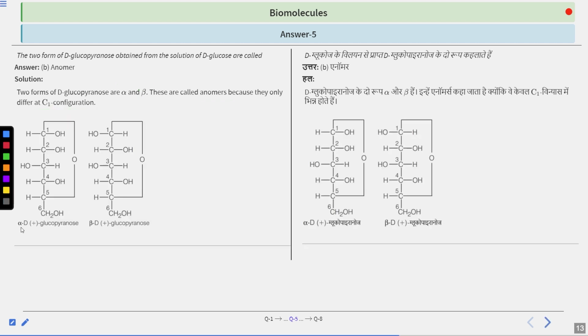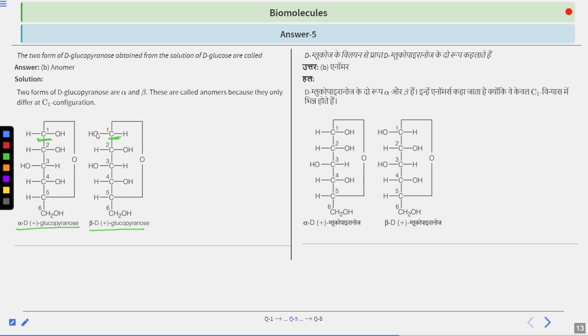As you can see, this is alpha D-glucopyranose, and this is beta D-glucopyranose. Around the first position of the carbon, the configuration is different in both. You can see where C1 is in alpha D-glucopyranose and in beta D-glucopyranose.